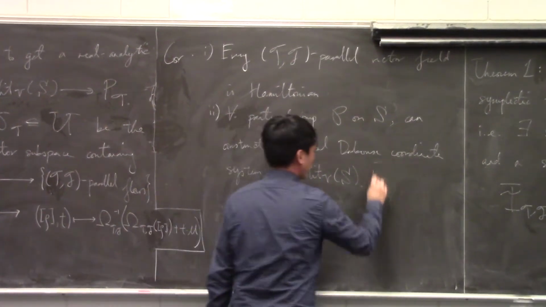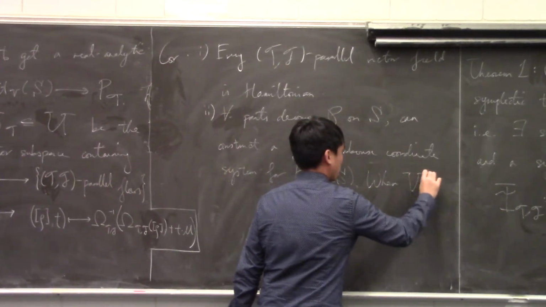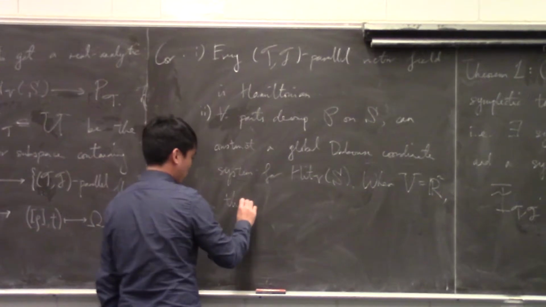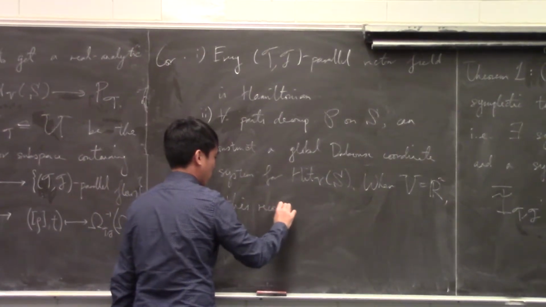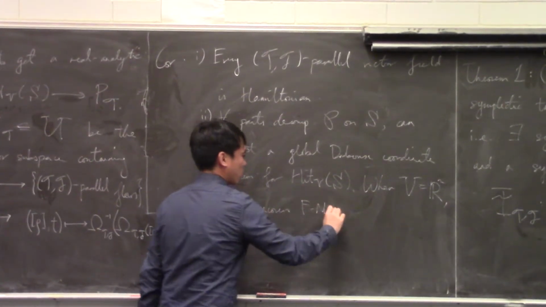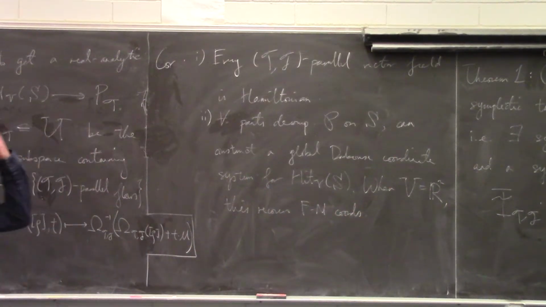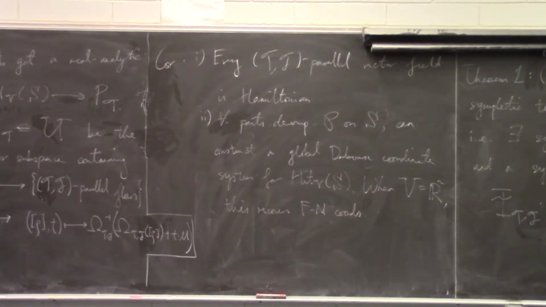Okay, and also when V equals R^2, this recovers the Fenchel-Nielsen coordinates. Okay, so this generalizes Wolpert's theorem to the setting of Hitchin components.